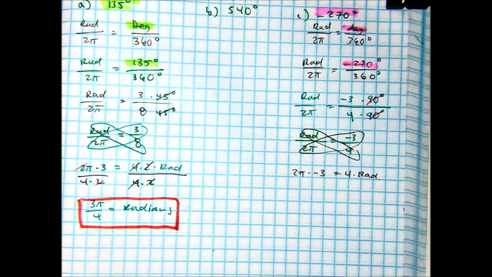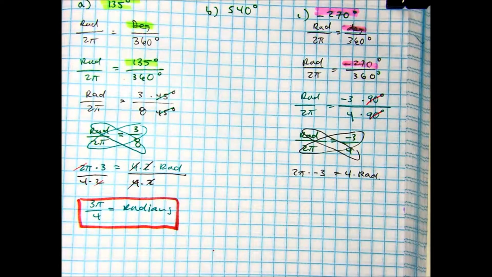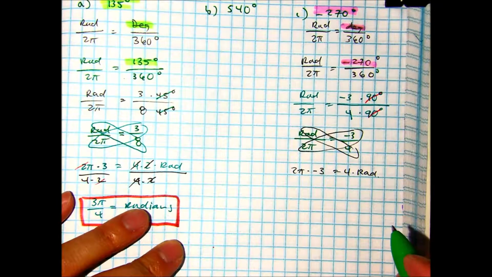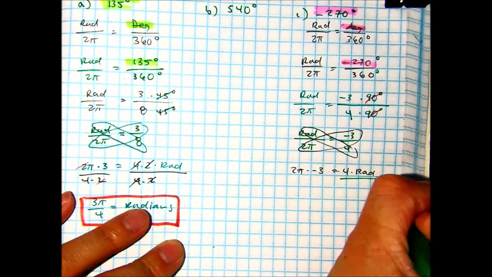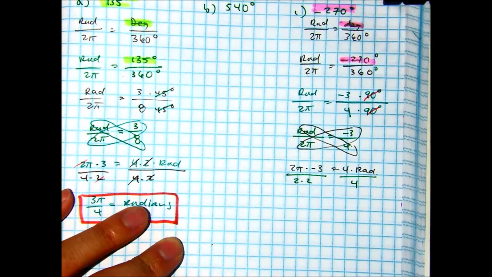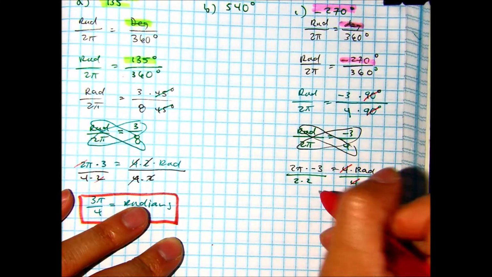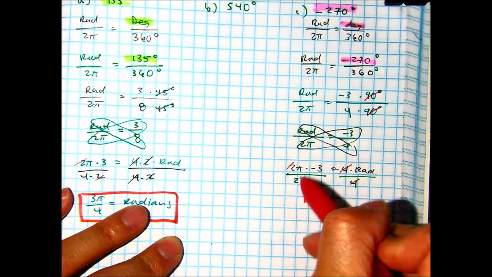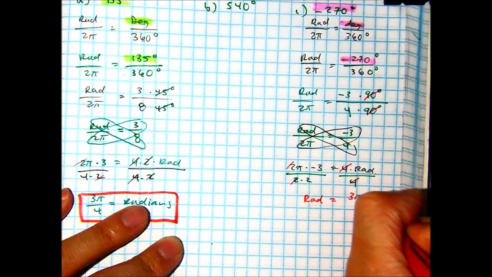How do I solve for radians? Divided by 4. 4 is really 2 times 2, right? So I'm going to cancel these. And radians is equal to what? 3 pi over 2.